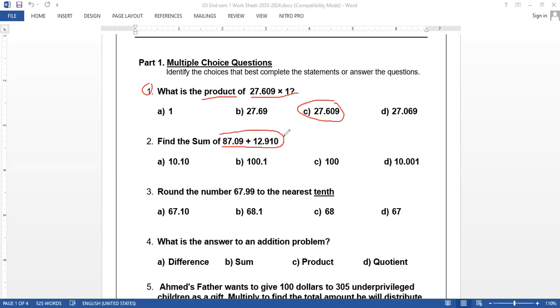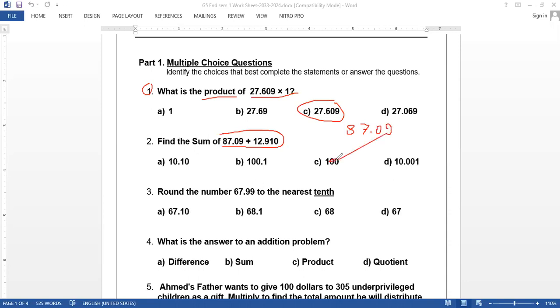87.09 plus 12.910 thousandths. So to add or to find the sum of two decimal numbers, we have to be careful and write them below each other, but we need to line them up. 87.09.